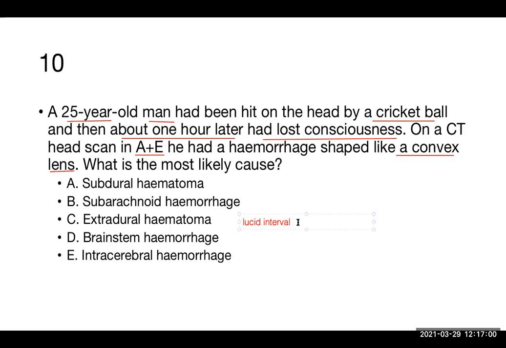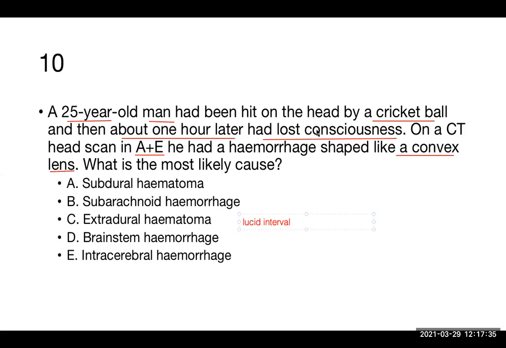Something horribly wrong is going on inside the head, but people don't realize that, and they continue to do whatever they're doing, and then after a certain time, when the bleeding is maximum, they can be comatose again. So the interval between these two episodes, first maybe just a concussion, and second a frank coma, is called lucid interval. This is highly suggestive of extradural hematoma.